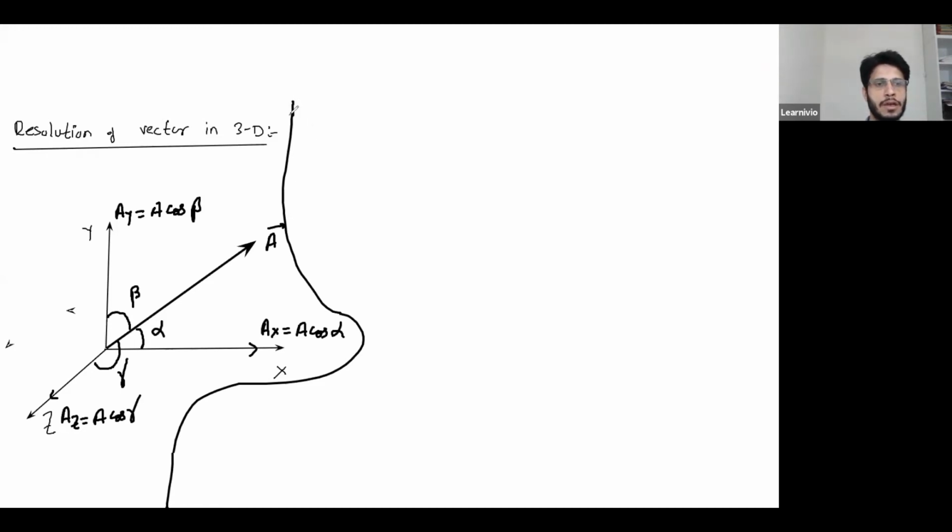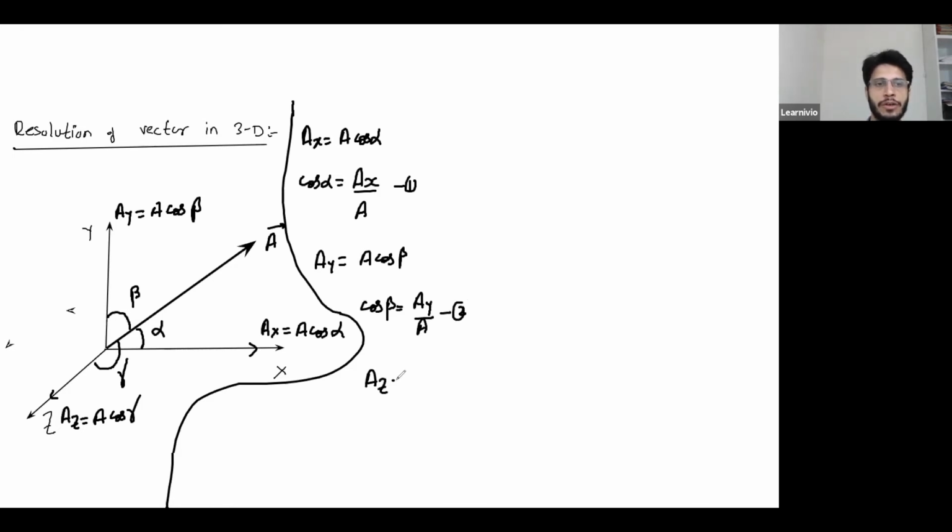I can write this as ax is a cos alpha, so cos alpha is ax by a. That's the first equation. Your ay is a cos beta, so cos beta is ay by a. That's the second equation.